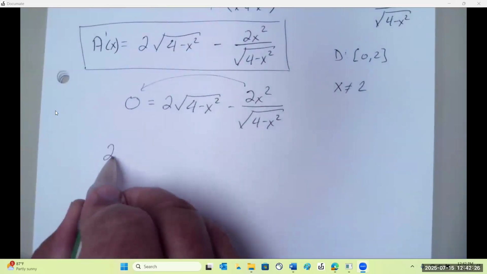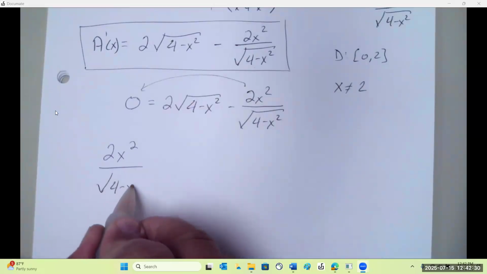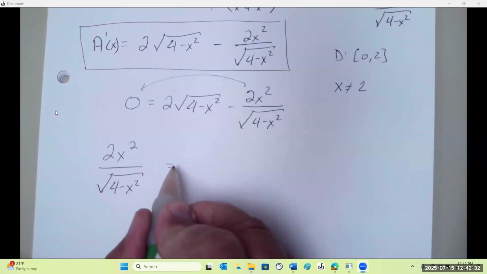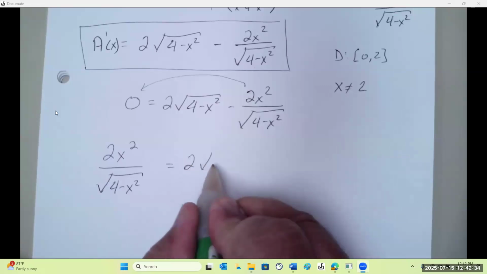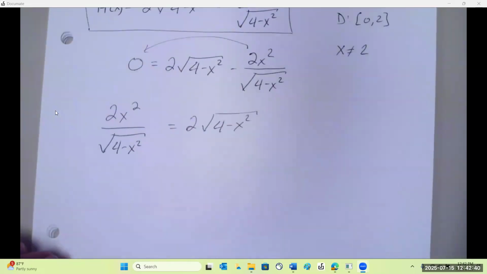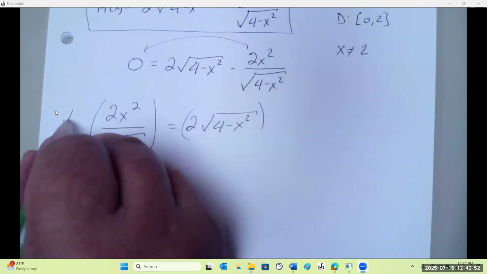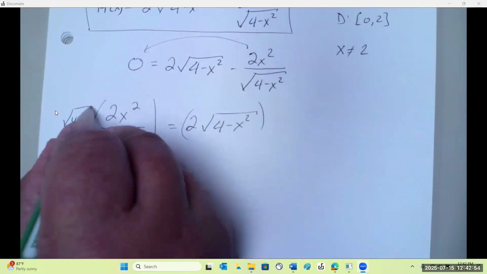So I have 2x squared over the square root of 4 minus x squared equals 2 times the square root of 4 minus x squared. Algebraically, what do you do next? Multiply both sides by the denominator, the square root of 4 minus x squared.